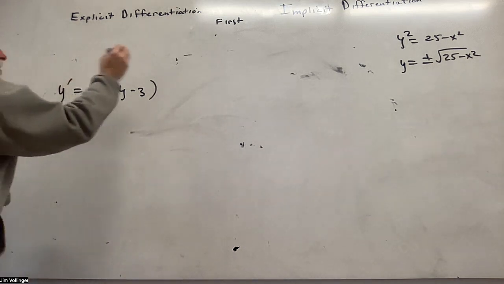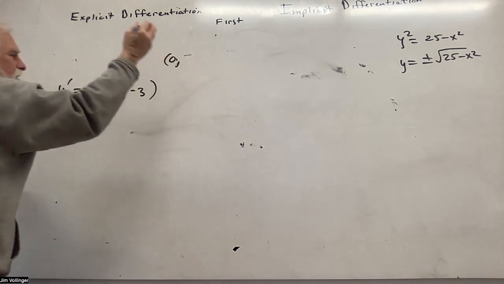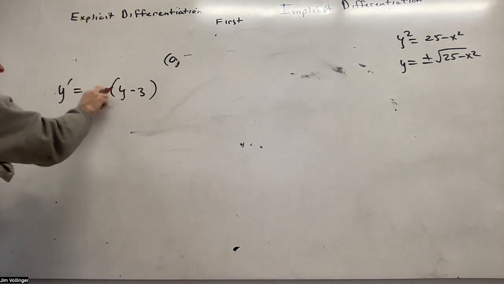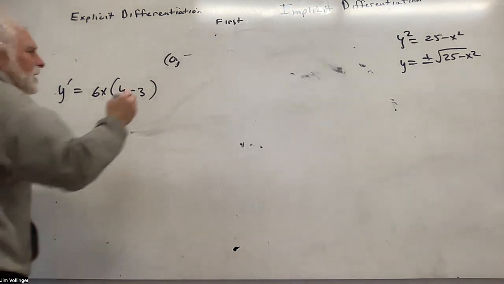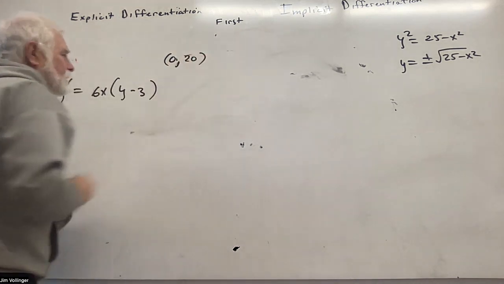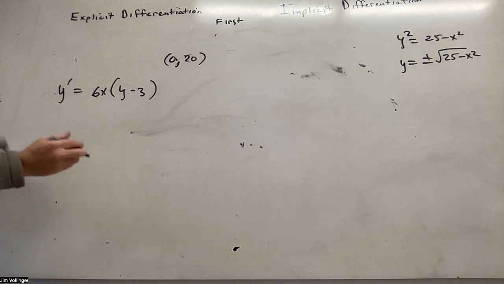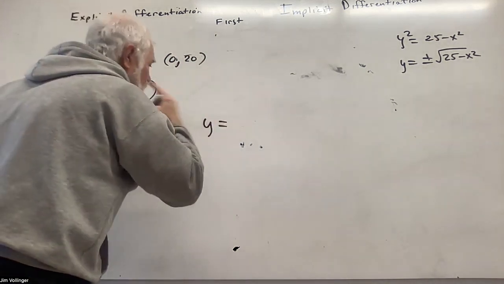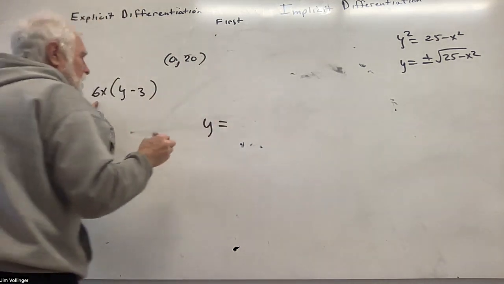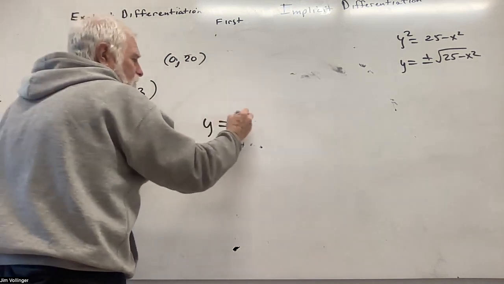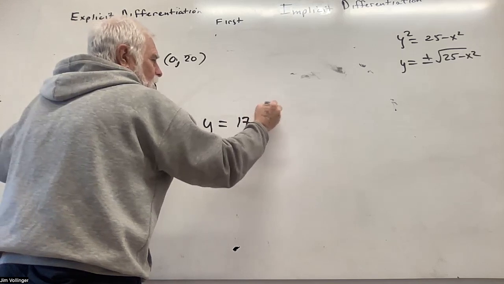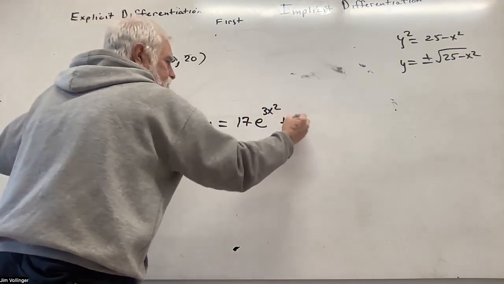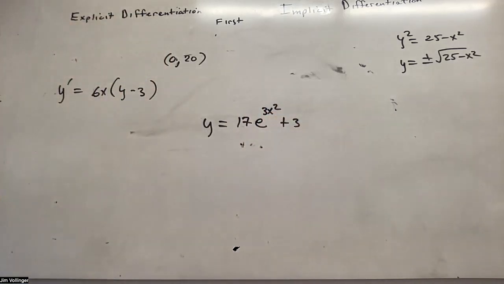Let's start with 0 gets us, let's make this even, I think it might be easier for you, so let's make 0 get us 20. Okay, and so what I believe our answer is, is y equals 20. So I have to have 17e to the 3x squared plus 3. Okay, that should be the answer to this.